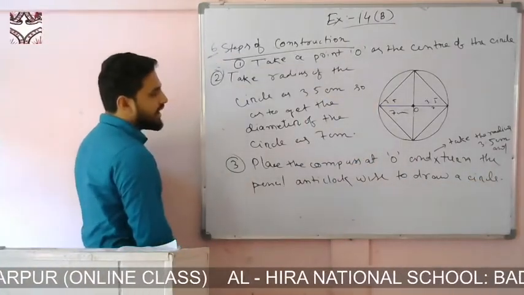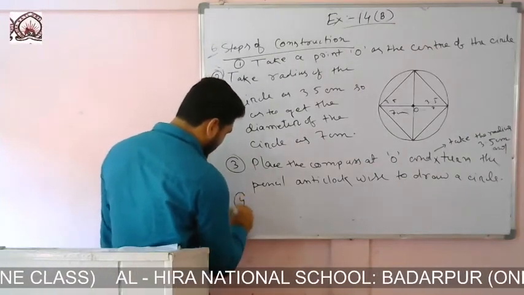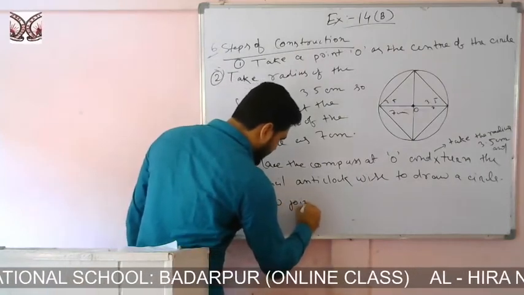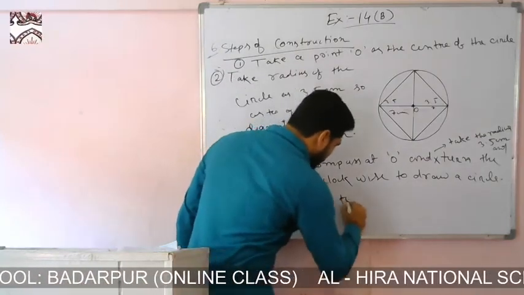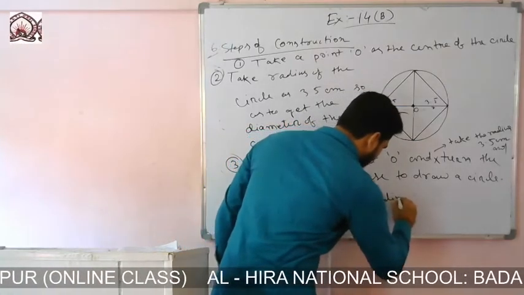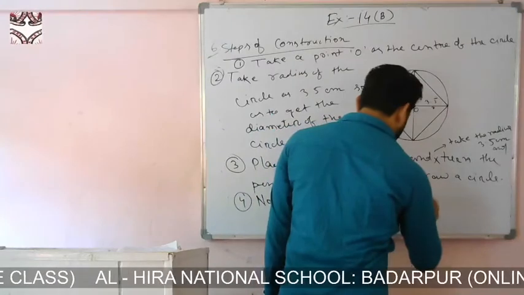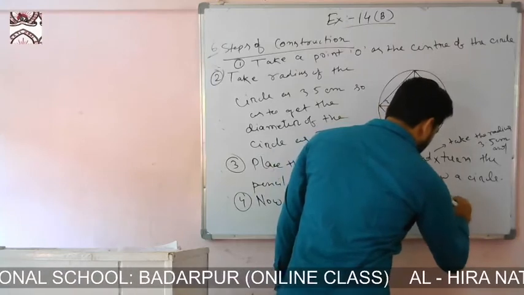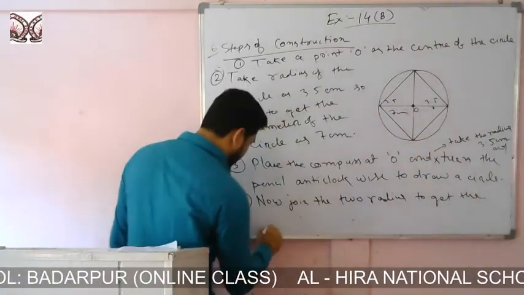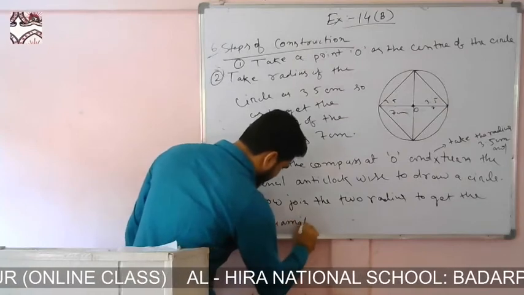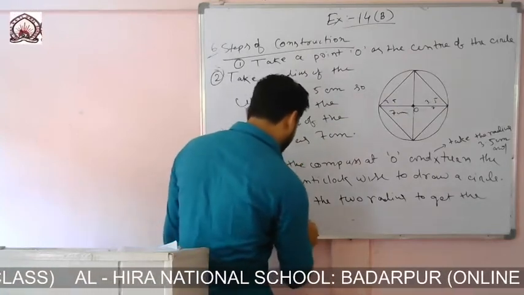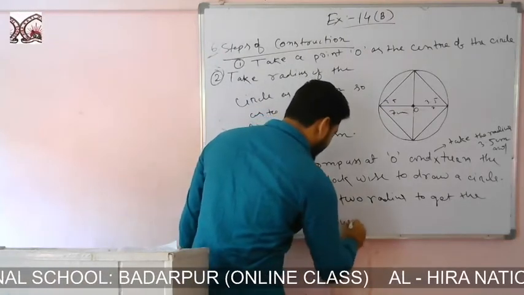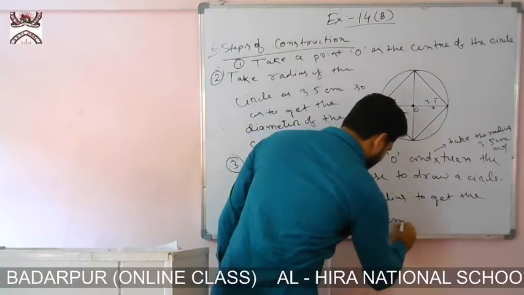Number 4: now join the two radii to get the diameter equals 7 centimeter.